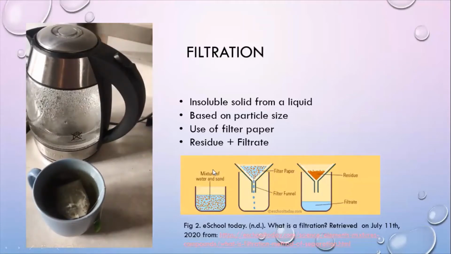So if you had, for example, a mixture of water and sand, knowing that the sand would be the solid we wish to separate, and the water would be the liquid, we have a filter paper which is adapted to our filter funnel, and then the sand will be kept in the filter paper because the particles from sand will be bigger compared to the pore of the filter paper. And then the liquid water here can pass through. So here you have the residue and the filtrate.